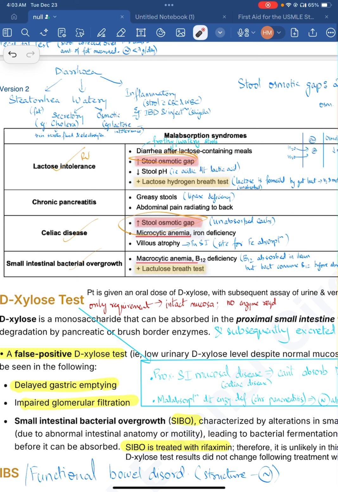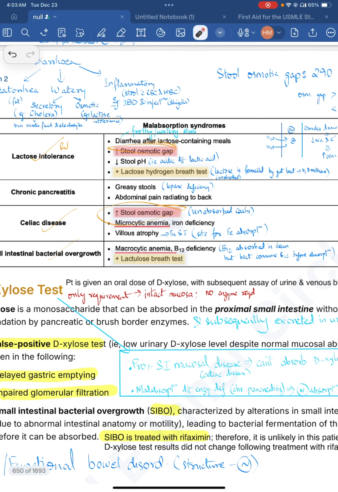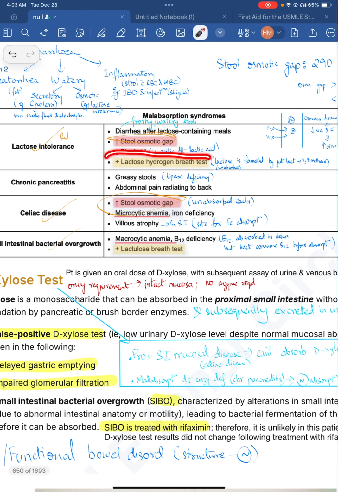Lactose intolerance. When a person eats lactose containing meals and he has diarrhea following this, that means he has lactose intolerance. So lactose intolerance, we said that it comes under watery diarrhea, osmotic type, and the stool osmotic gap increases. Stool pH decreases because lactic acid is acidic, and the lactose hydrogen breath test comes back positive.